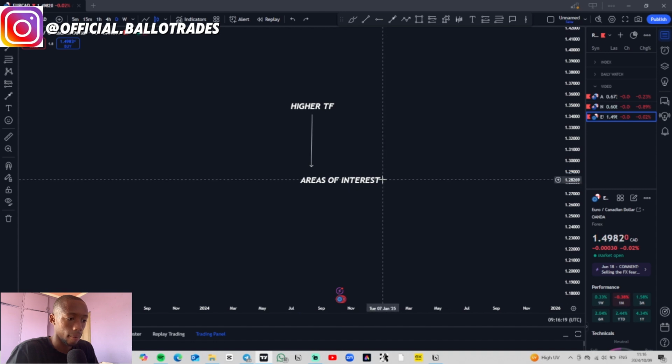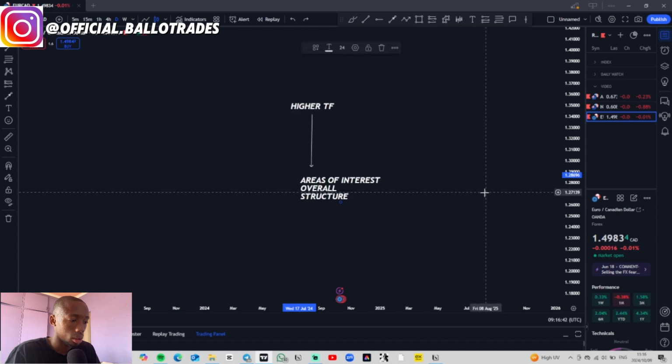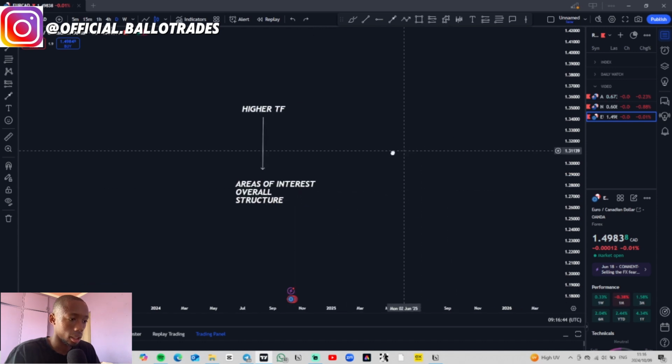Another thing we look for on these is our overall bias, where the market is headed, the direction for the particular day. Another thing we look for is structure. How is structure on these higher time frames?